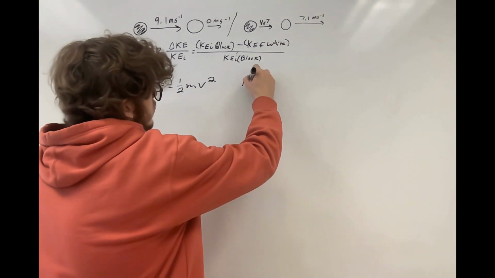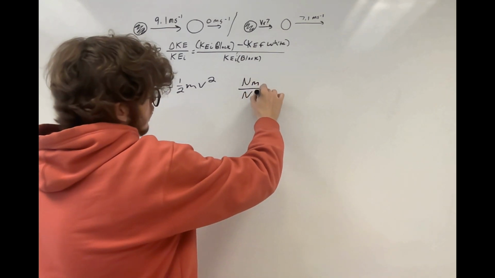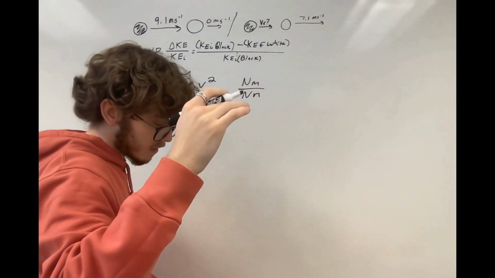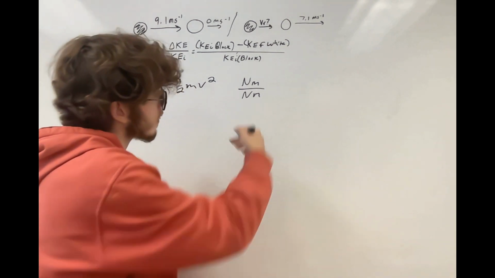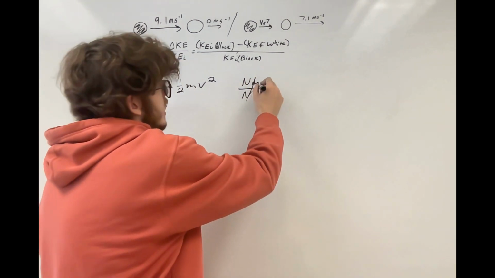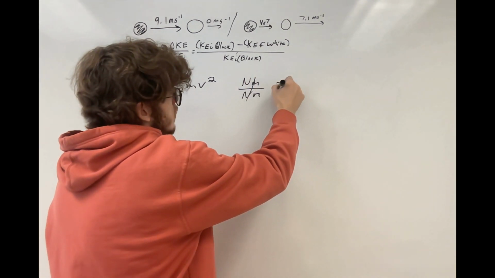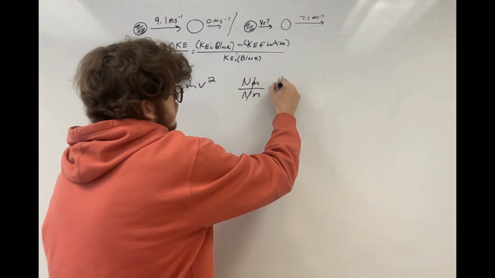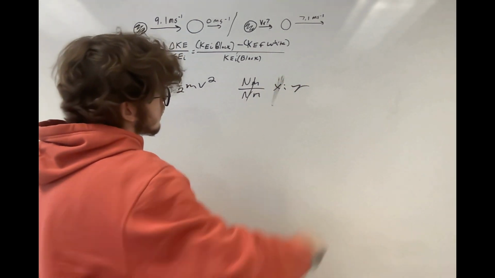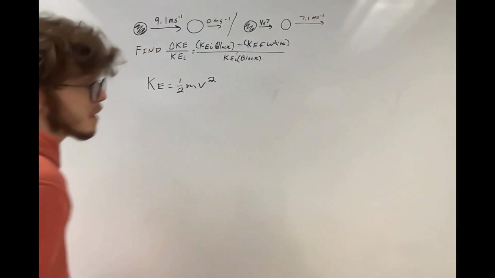It's a Newton meter over a Newton meter. If the mass is held constant, they cancel out anyways, so there's just a ratio of like x to y. There's no units. It's just some value compared to another value.